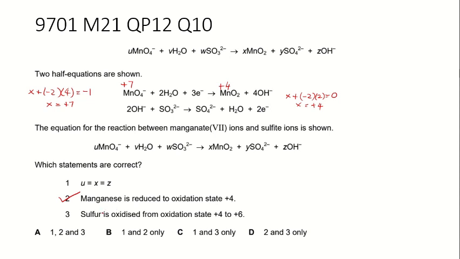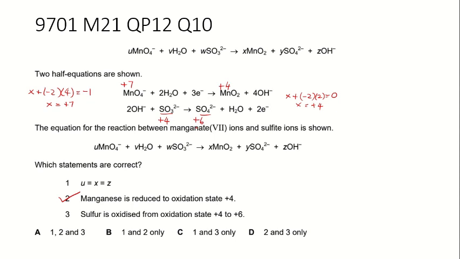Now, let's find the oxidation state of sulfur in the reactant and also product in the second half equation. Now, use the same method. I'm not going to repeat here, you can try later. So this is plus 4 in sulfite ion. In sulfate ion, sulfur has a plus 6 oxidation state. So sulfur is oxidized from plus 4 to plus 6.